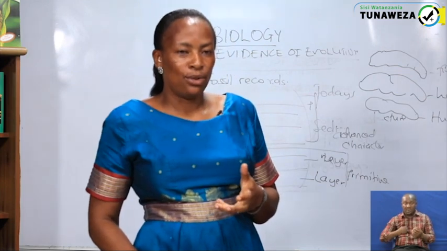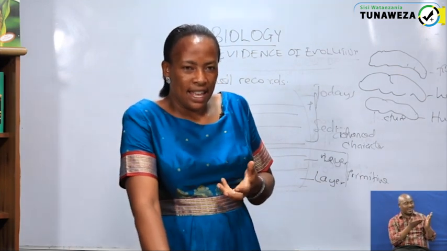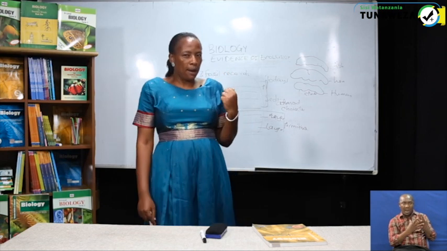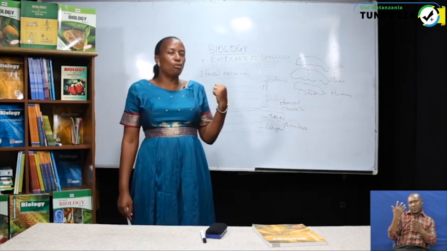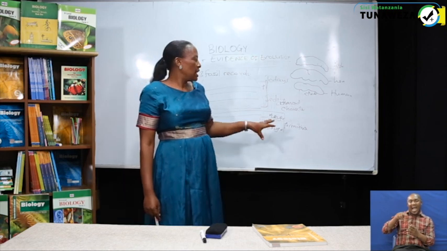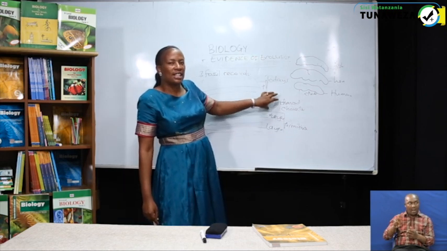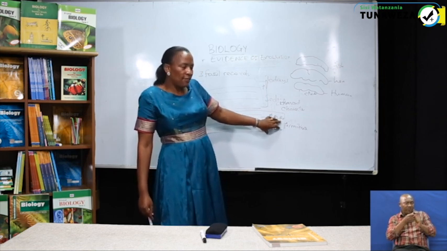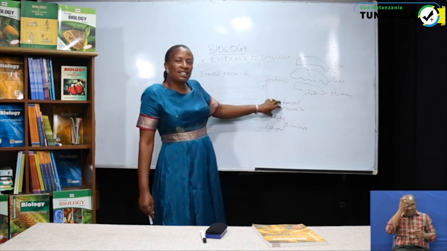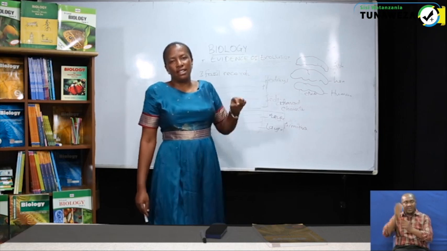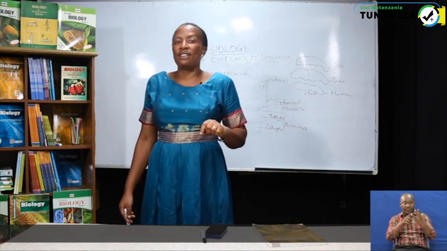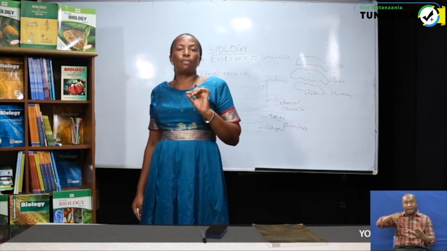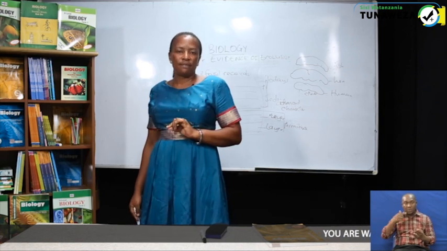This now gives us evidence that these organisms perhaps originated from common ancestors, because they have some common features which improved from the primitive stage, to the advanced stage, till today's organisms. That is evidence number 3, the fossil record, the paleontology evidence.